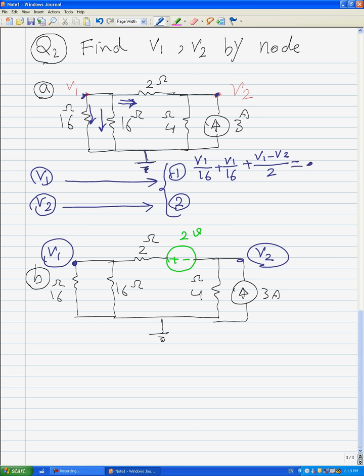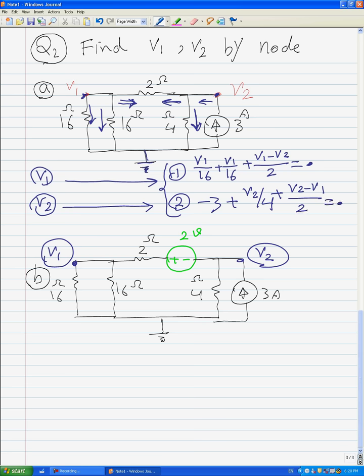We don't have any constant value because we don't have any current source connected to node 1. For node 2, we have this current and this current and this current: minus 3 for this current, plus V2 over 4 for this current, and for this current plus V2 minus V1 over 2 is equal to 0.